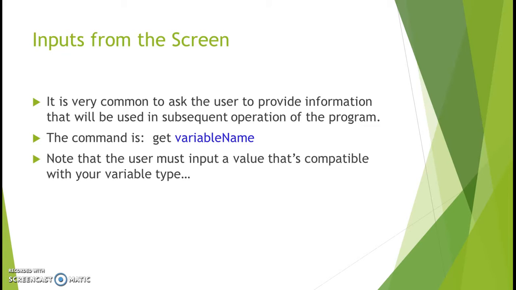And the catch here is that the user needs to know the type of variable and needs to input something that's compatible. Now later on when we're talking about logic, we can put in logic to protect against that problem, or we can simply prompt the user very carefully to make sure that the user complies with the variable type.